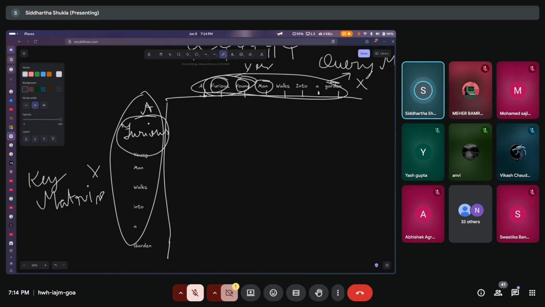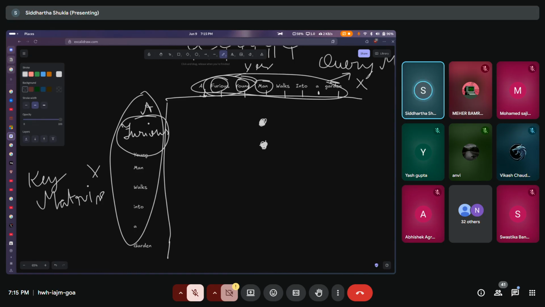How it's represented is essentially, I'll just use circles to represent it instead. Furious and Young are going to have really huge circles here for when they're describing man.